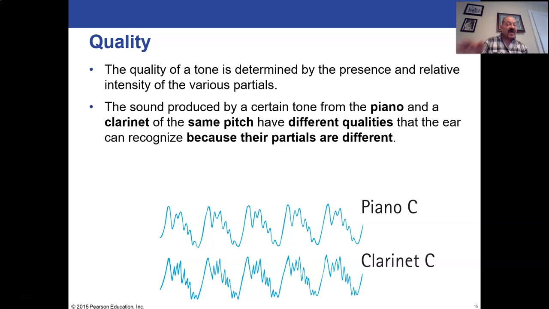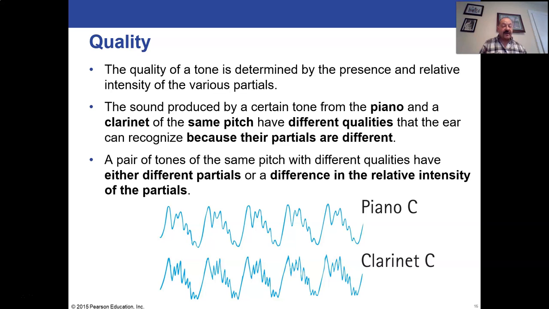So they both have the same overall frequency, but if you look at the individual partials, the little waves that make up the big wave, they're different. They're different patterns. And the pair of tones of the same pitch, so the tone from the piano and the tone from the clarinet, have a different quality to them because of different combinations of the second harmonic and third harmonic and fourth harmonic added.